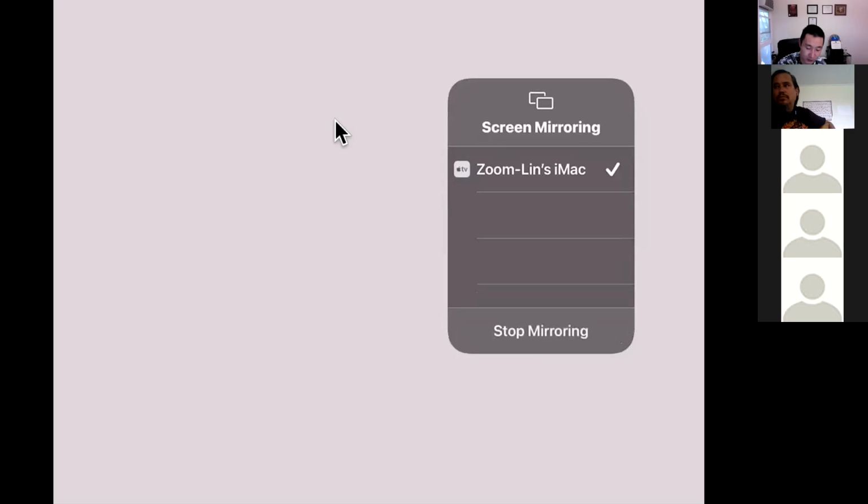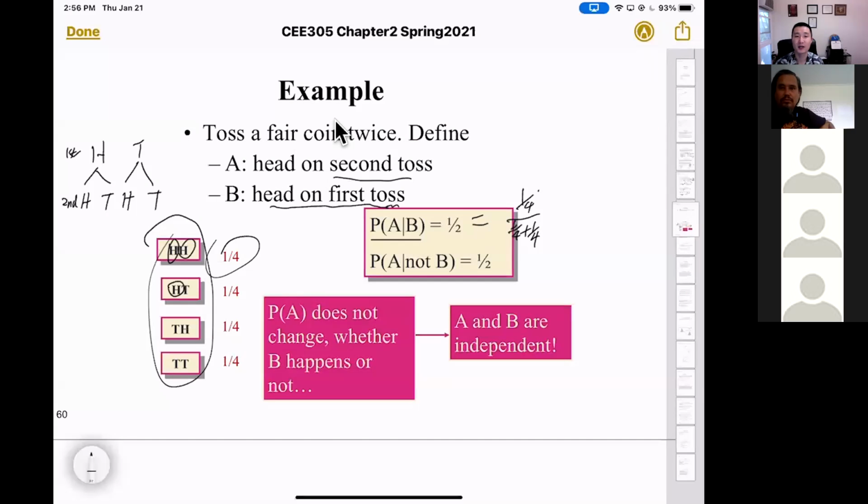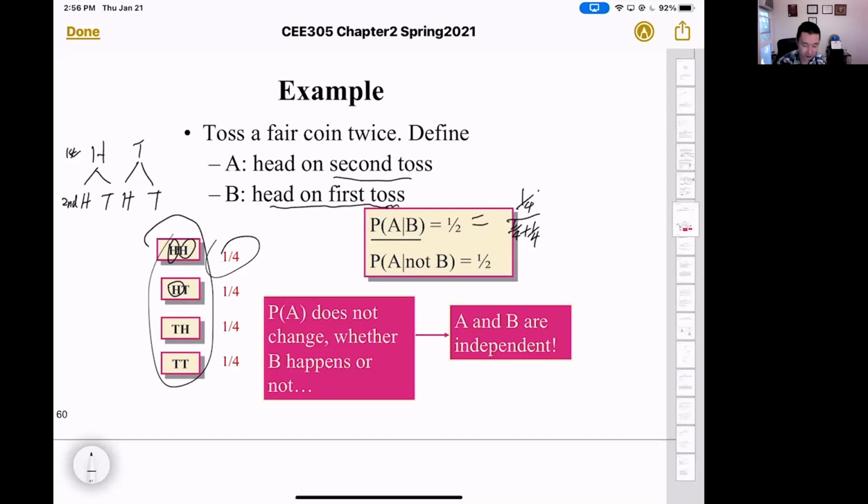I don't know what happened. Sorry. Okay, so let me share my iPad again. Can you see my screen? Yes. Okay, let's continue.